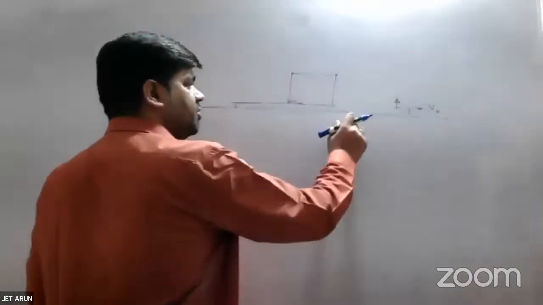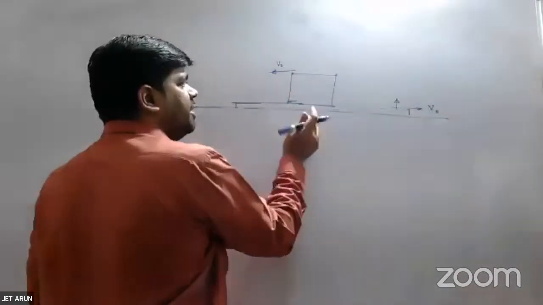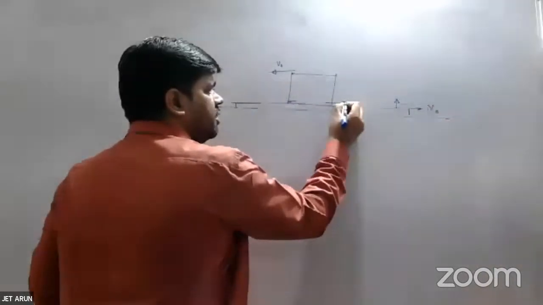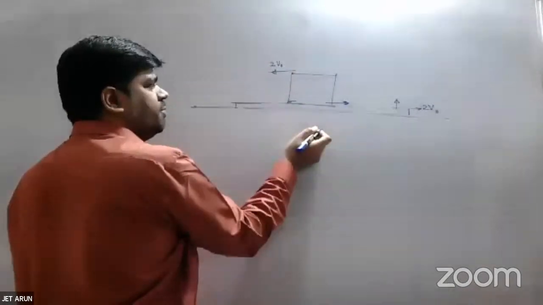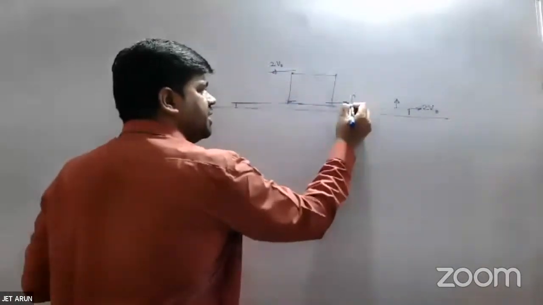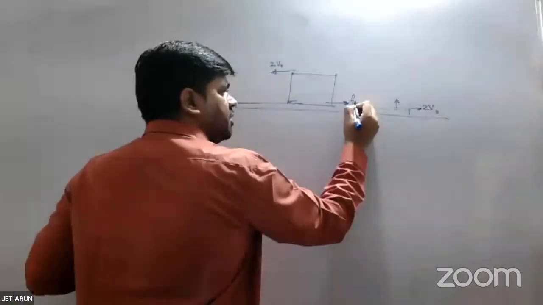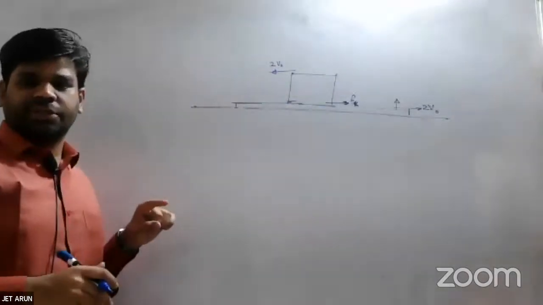That means if I stand on this plank, this body seems to move towards left with velocity v naught. Obviously, the velocity of this with respect to the plank is towards left, so friction will act towards right. Now if the velocity is 2v naught, then the velocity of this with respect to the plank is 2v naught towards left. Friction is again the same thing, fk. That doesn't change. It is independent of the relative velocity, but it is opposite to the relative velocity.